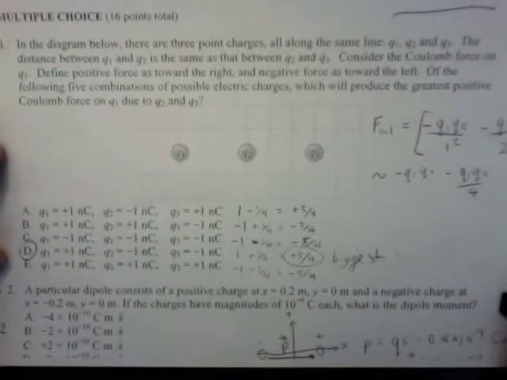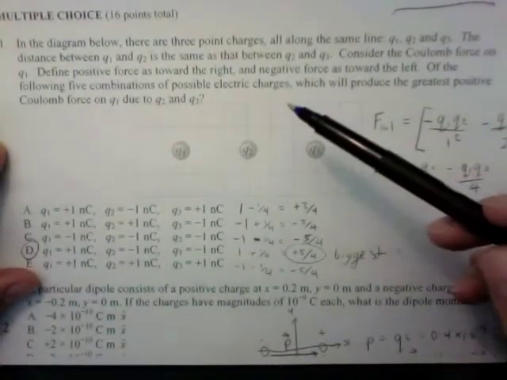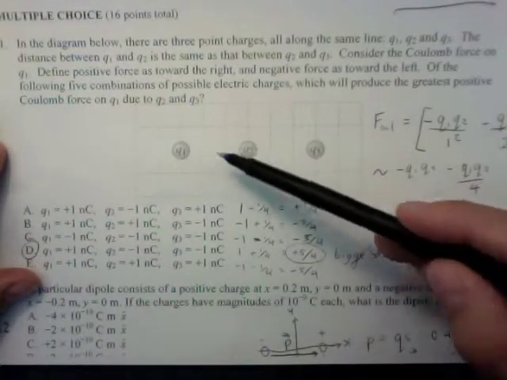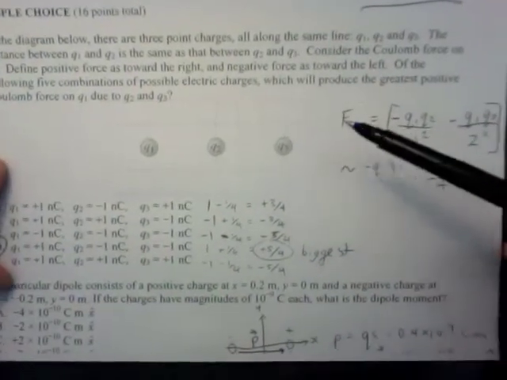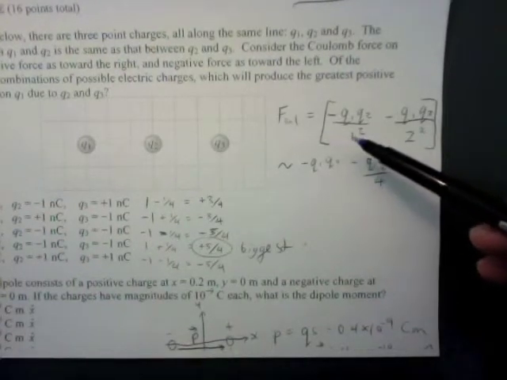But that being said, we can go through carefully looking at Coulomb's law to find the forces on these. So let's take a look at my solutions. Looking at the solutions here, we want to calculate the force on Q1 due to Q2 and Q3. So we're going to use Coulomb's law, and there are 2 parts to it.